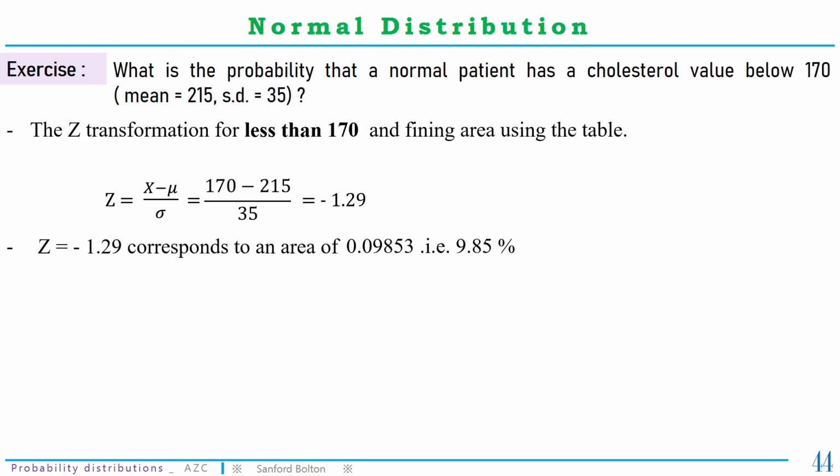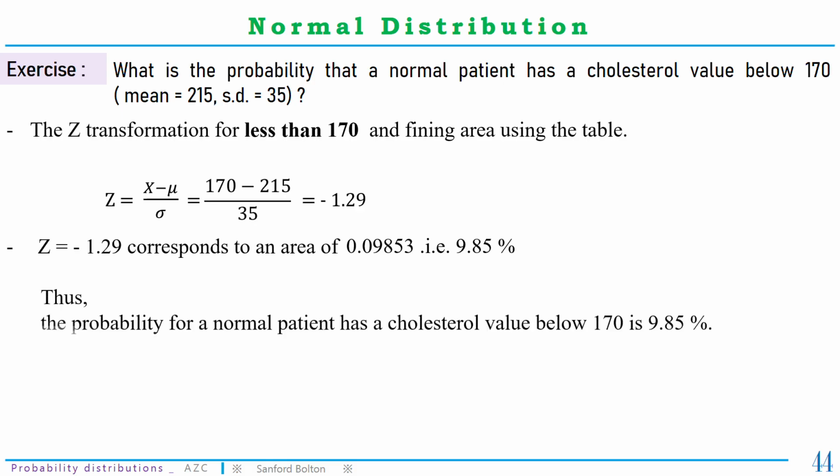For Z-value minus 1.29 corresponds to an area of 0.09853, that is 9.85%. Thus, the probability that a normal patient has a cholesterol value below 170 is 9.85%.